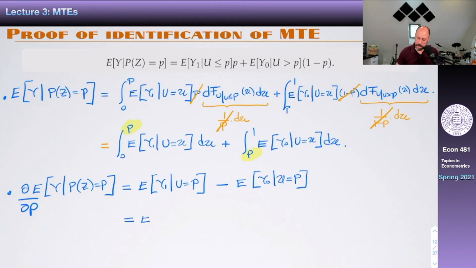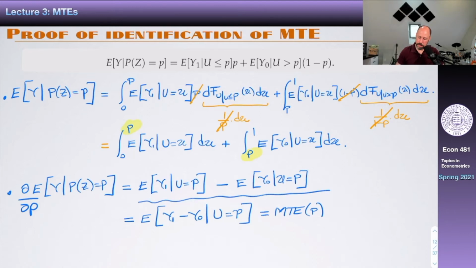Well, that's exactly the expected value of y1 minus y0, which is the MTE at P. Done.